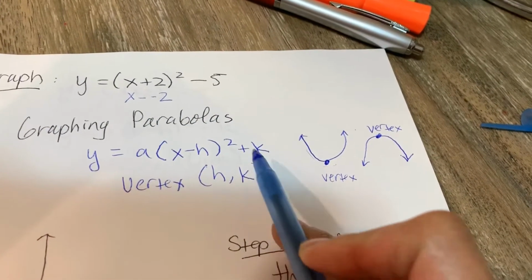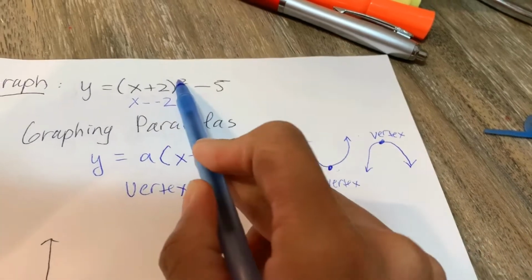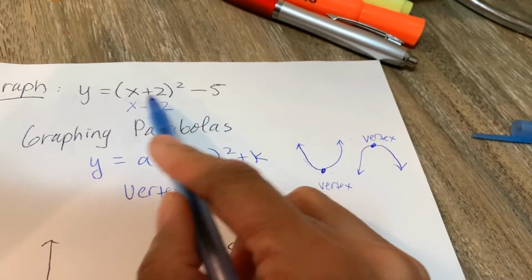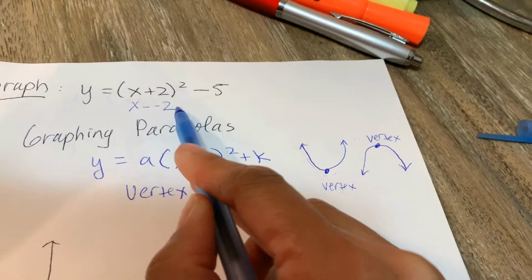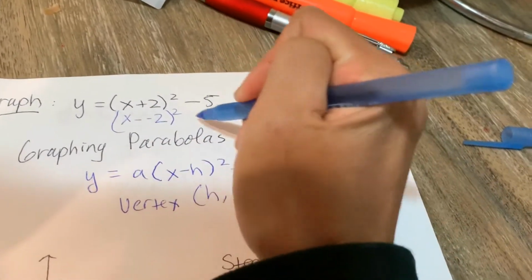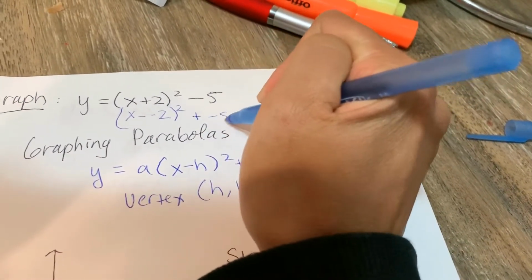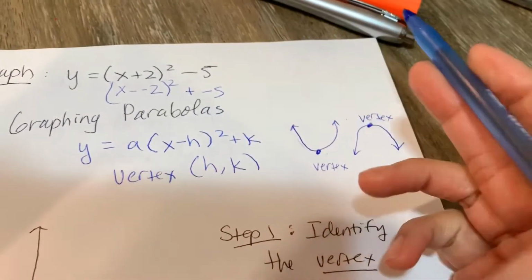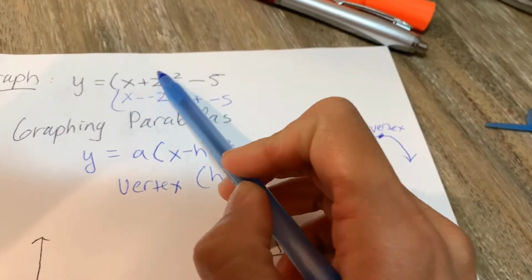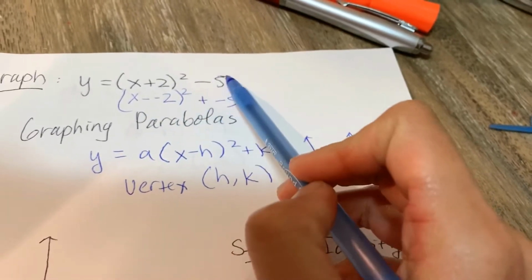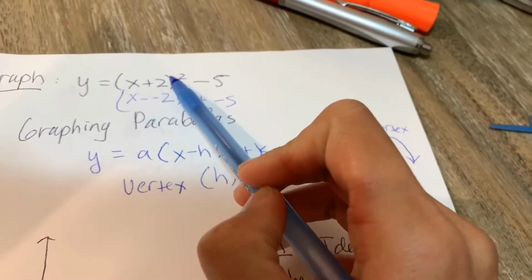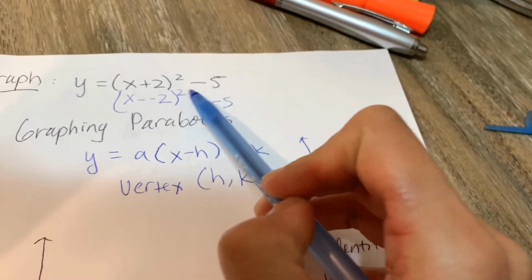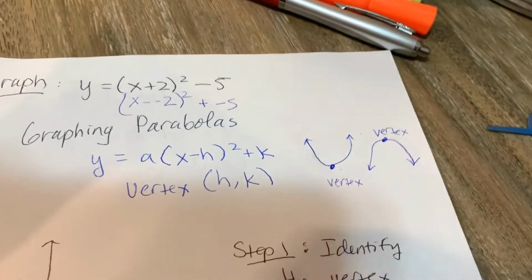And then the k is plus k, whatever is here. So this is like x minus a negative 2 squared plus a negative 5. So here the k is going to be negative 5. So one way of just thinking about it is I just think of opposite, then the same. So opposite of 2 is negative 2, and the same of negative 5 is just negative 5.